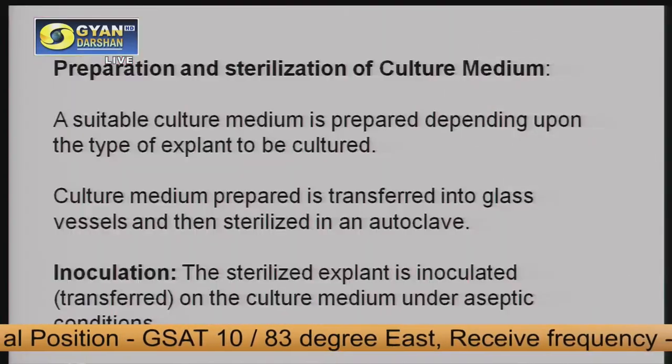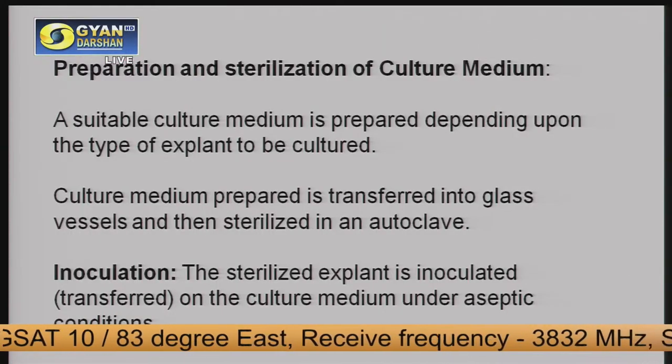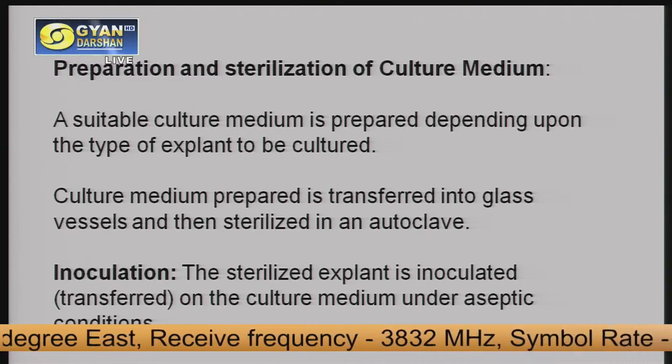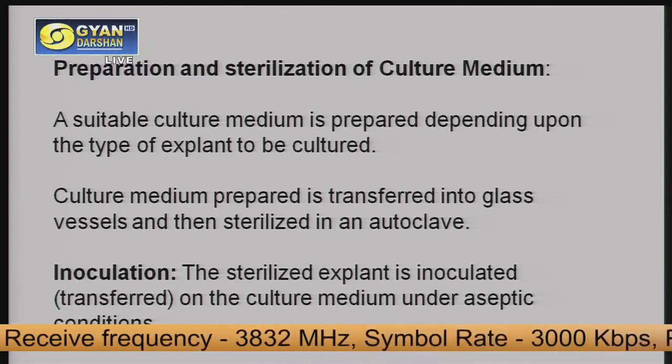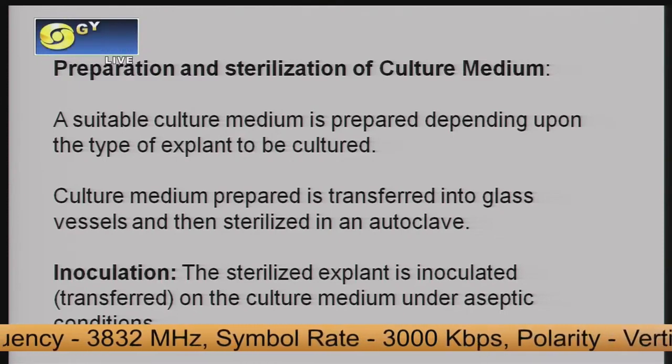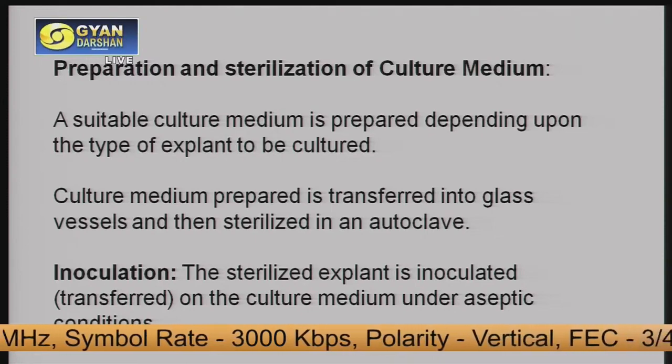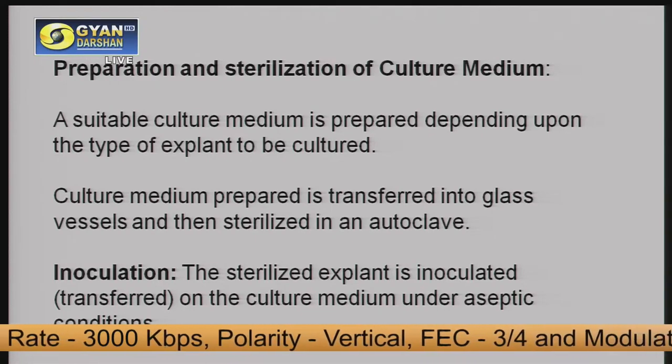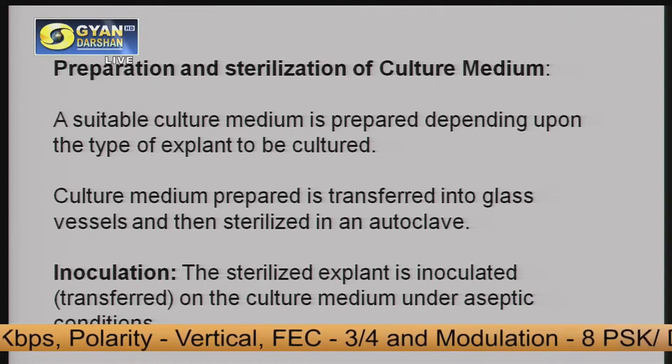Once this sterilization is done, next you have to prepare the medium. Regarding the preparation of the culture medium, I will come to that shortly. You have different kinds of plant tissue culture medium. Now the choice is yours. Which of these media are you going to use?